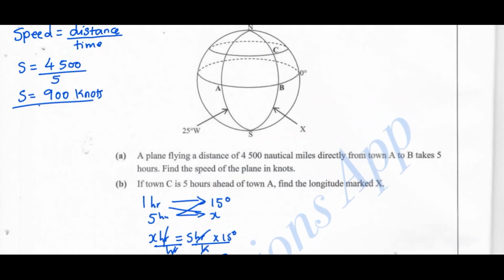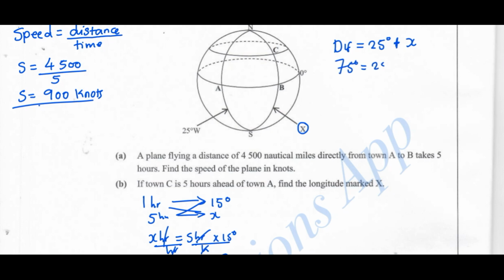So we can see that the longitude for A is located 25 degrees west. So for them to get 75, it means they added. And we know that the addition happens if you have one longitude on the western and the other one on the eastern. So if we are saying the difference for this point is 25 plus the x. So when they added these two, they got 75.